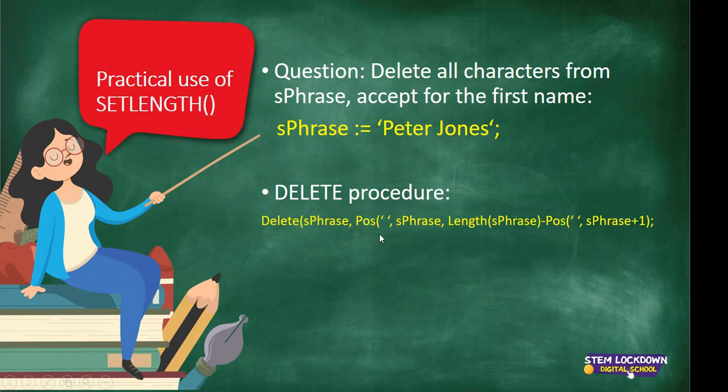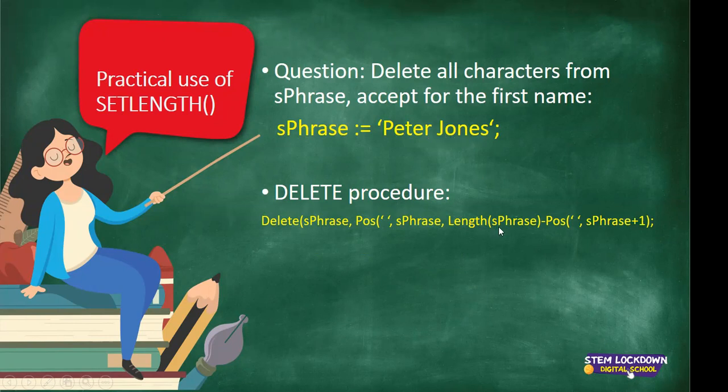So now I have my starting position. So it's going to start deleting from there. But now how many characters must I delete? Well, it's 1, 2, 3, 4, 5, 6. But how do I tell Delphi to do that? So that's a bit complicated with a delete procedure. So what we have to do is we first have to find out what is the length of sPhrase. So that would be 1, 2, 3, 4, 5, 6, 7, 8, 9, 10, 11.